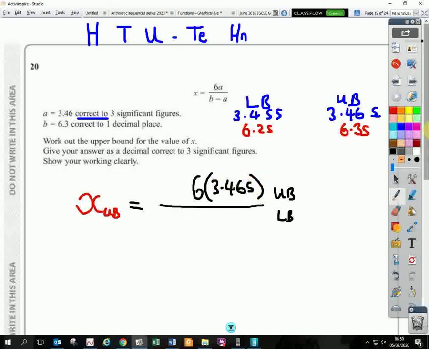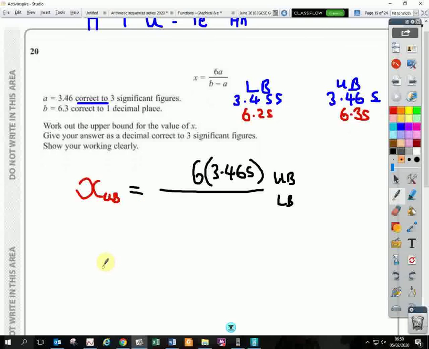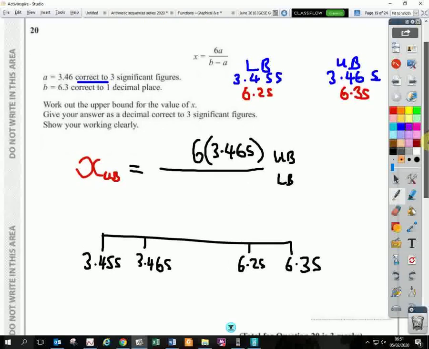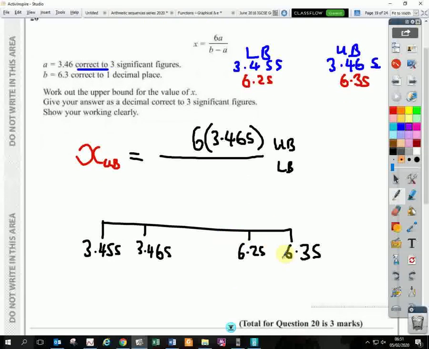In the denominator, I've got a choice here because I need to do b minus a. If I draw a little number line and show you what's going on, at the lower end we have a choice of a is 3.455 and 3.465, and b can be as low as 6.25 and 6.35, and we're subtracting, you see. When you subtract two numbers, you're working out the gap between the two numbers. And we're saying that we want the gap of b minus a to be as small as possible, the lower bound.